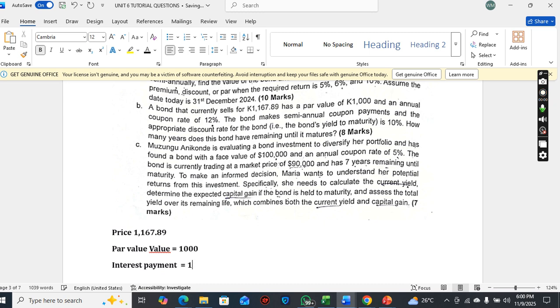We're going to say 12%. Remember, the interest payment is just the interest rate times the par value. So 12% times 1,000, we get 120. Since the interest is semi-annual, you divide by 2, it gives us 60 kwacha.